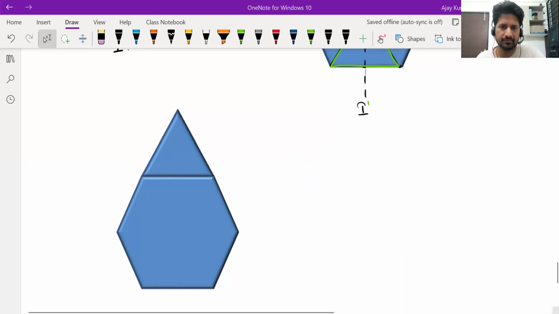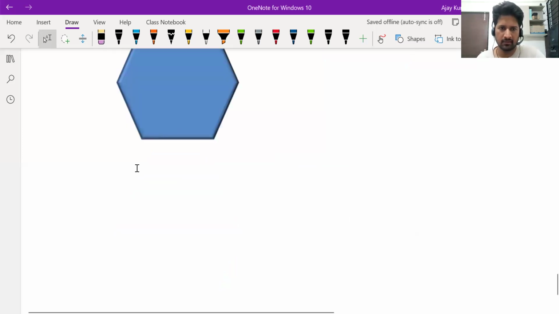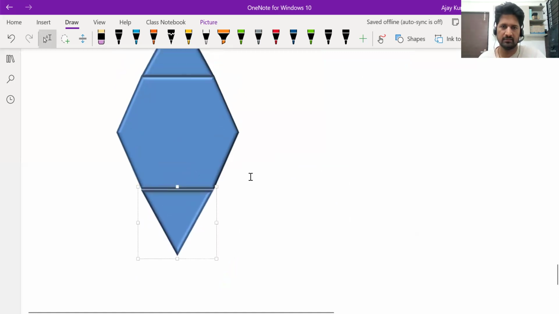Just a second. But let's see how this is actually helpful in solving the problem. Okay, so it's a combination of 8 triangles like this.